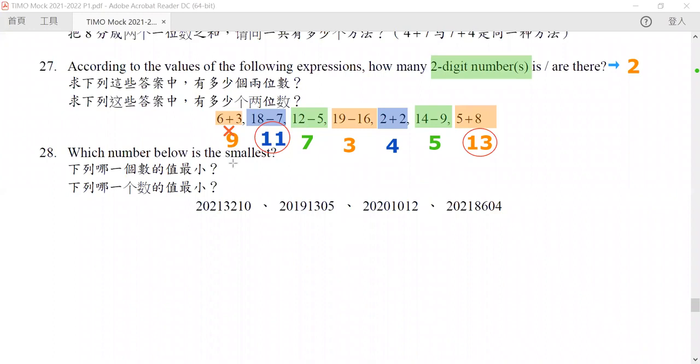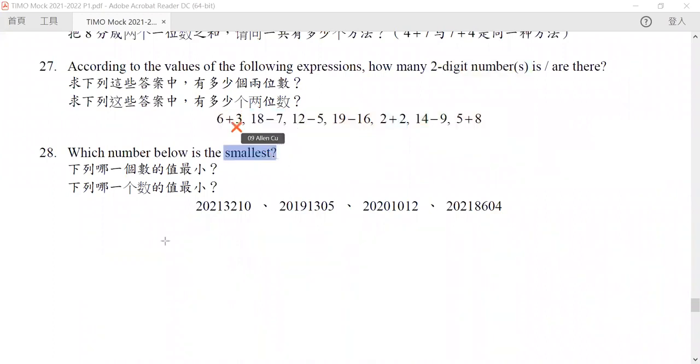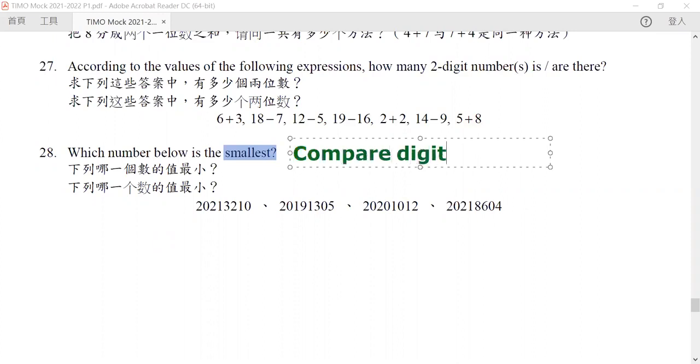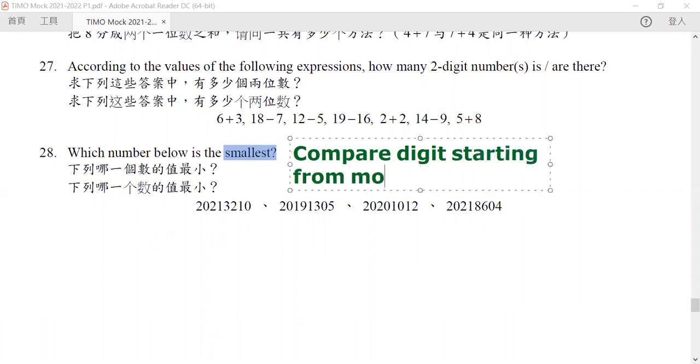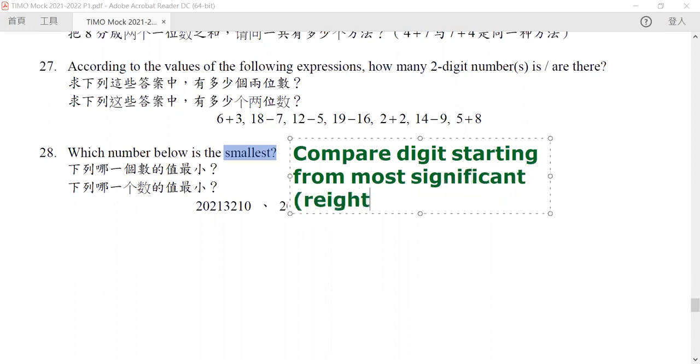Well, for a number to be smallest, we compare the digits starting from our most significant digit, which is our leftmost digit.